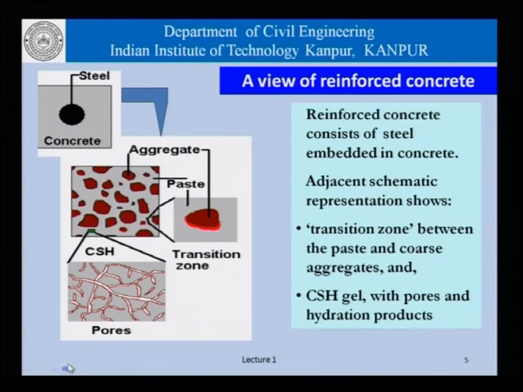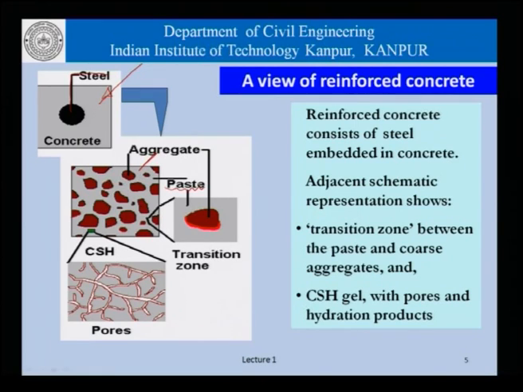Let's review our understanding of reinforced concrete. Reinforced concrete basically consists of a reinforcing steel bar as shown here, and that bar is embedded in concrete. Now, concrete itself consists of, as is shown in this picture here, coarse aggregates which are shown as dark brown, embedded in paste.